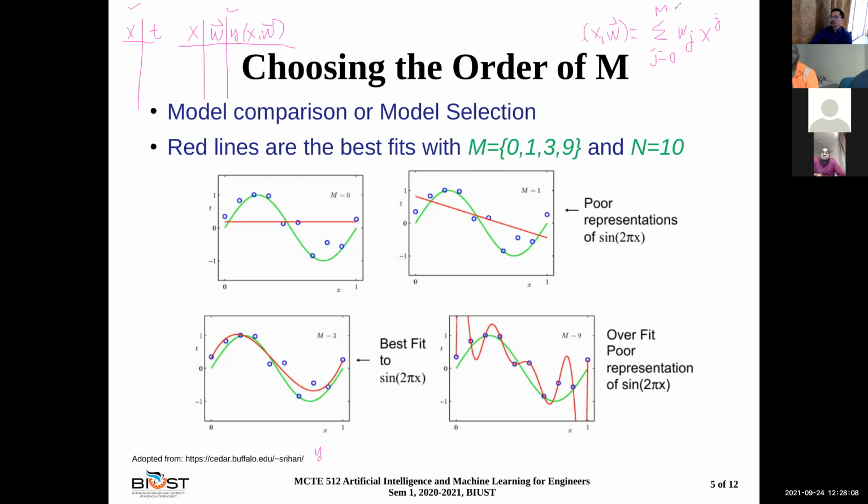First, we need to know what that M value is. Next, once we determine M, we also determine the value of W.